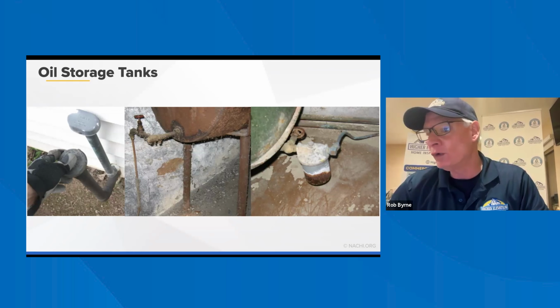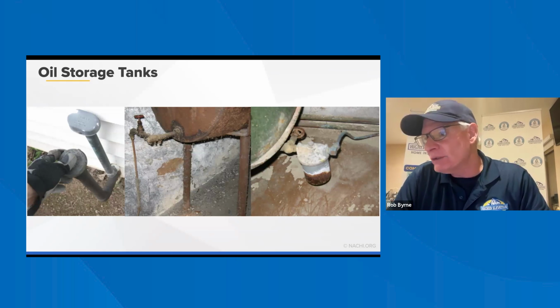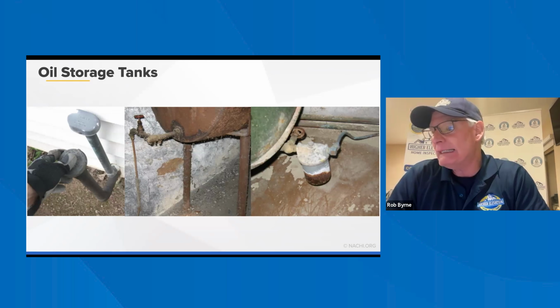That's important. All tanks must be listed and labeled and conform with standards. That's talking about underground. The maximum amount of fuel oil stored above ground or inside a dwelling should not exceed 660 gallons.